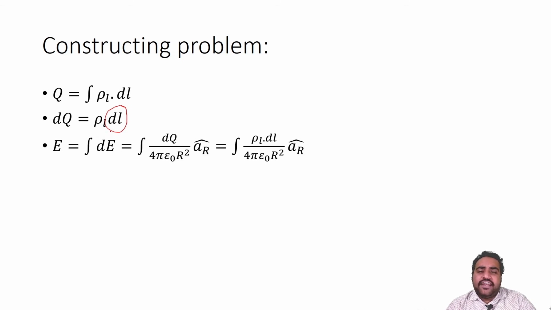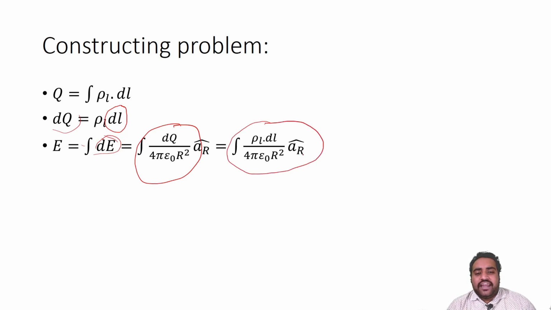Now the electric field intensity is the integration of electric field intensities because of the smallest possible charges dq. Now you know that the electric field intensity because of smallest possible charge dq would be dq by 4 pi epsilon naught r square. When I integrate that, it would turn to integral of rho L dl by 4 pi epsilon naught r square ar cap.